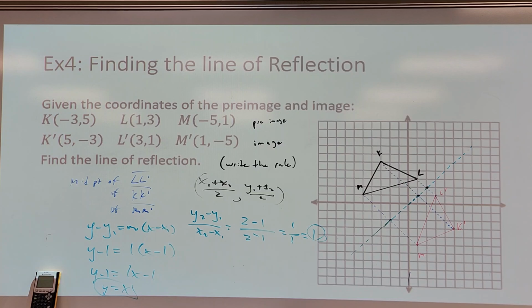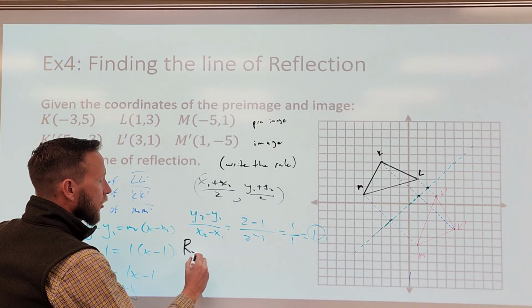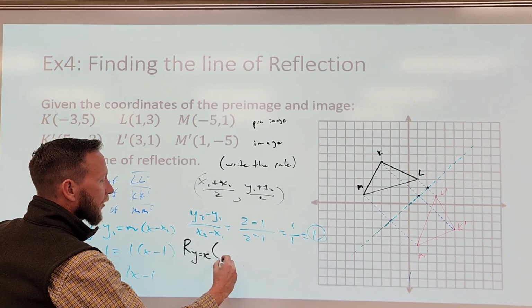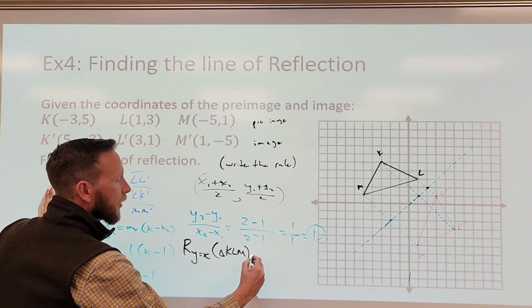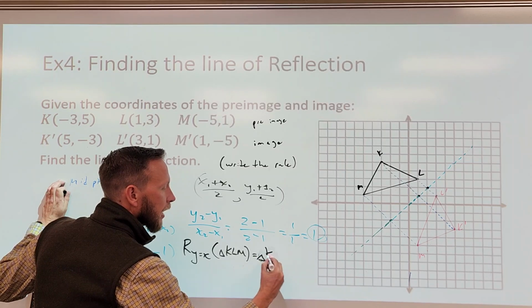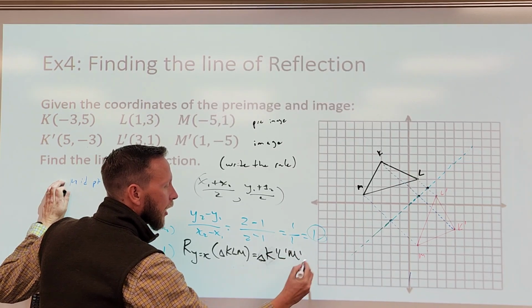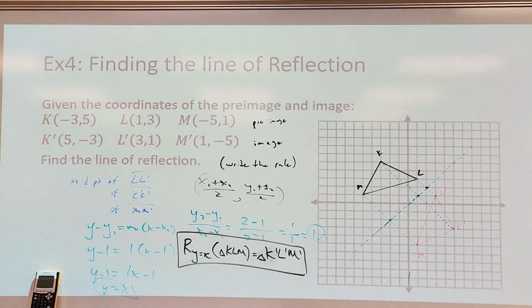Now bonus points here, because if we can do this today, and if we can say that the reflection over the line y equals x of triangle KLM is triangle K prime L prime M prime, then we have done an amazing job.